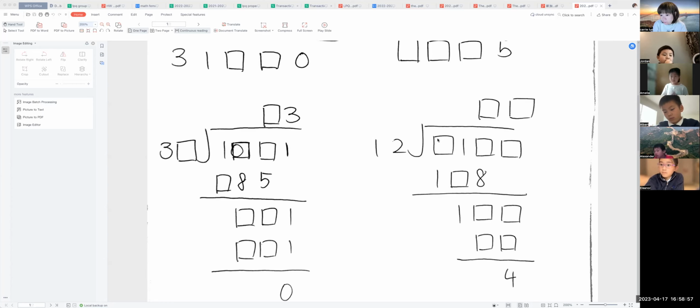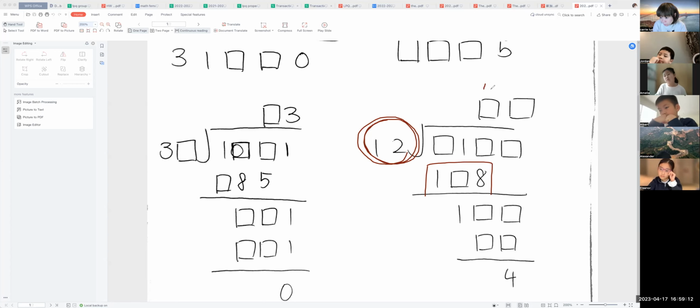Let's take a look at this one. So this question is actually pretty easy, everybody. They give you the number has been divided. So something times 12 equals 108 or something. So 2 times what? The last digit is 8. There are two numbers, 4 or 9. Correct, everybody?